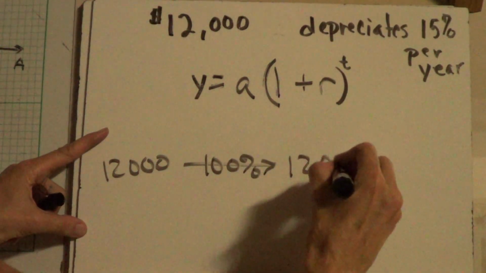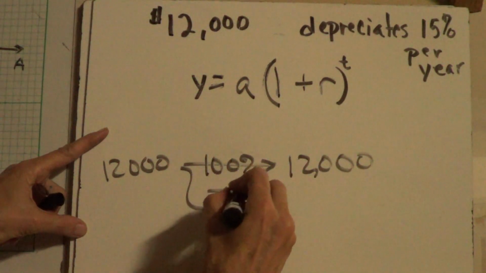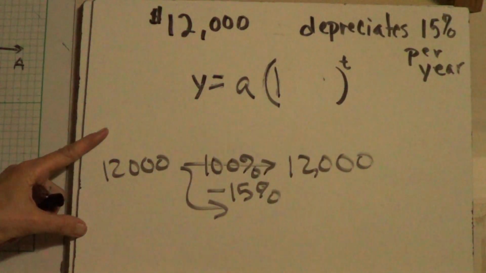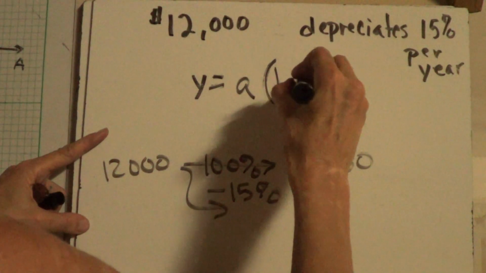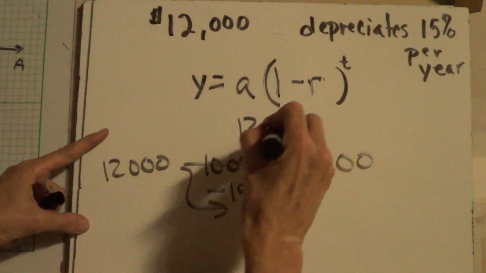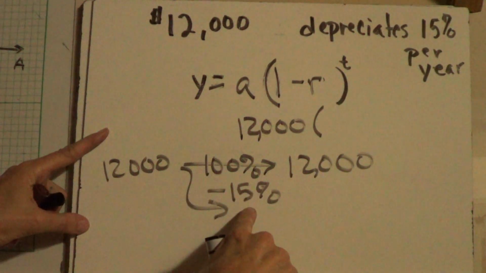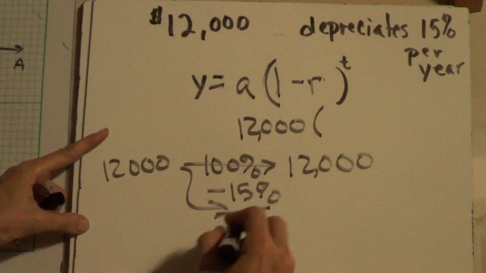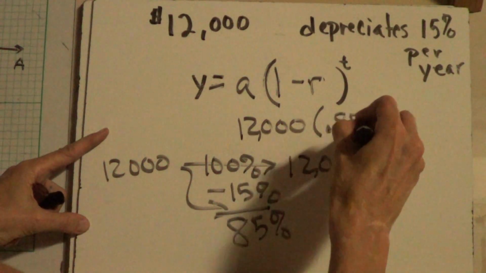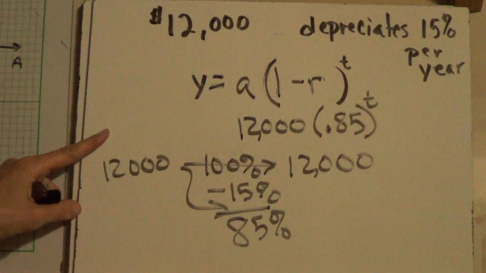But because it does not stay at 12,000, it depreciates, it goes down by 15%. Instead of the 1 plus r for the depreciation rate, we go to 1 minus r. So now we would have the 12,000 starting amount, times 100% minus 15%, which would be 85%. Switch it back to a decimal, you'd have 0.85. That's what causes it to decay or depreciate, because it's less than 1.